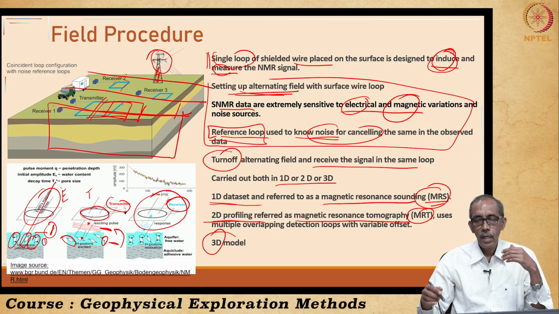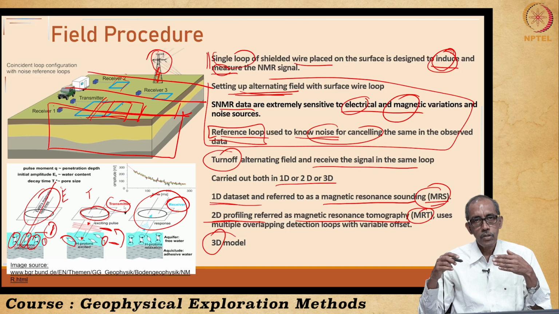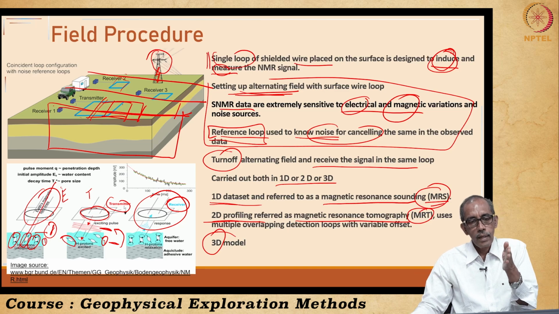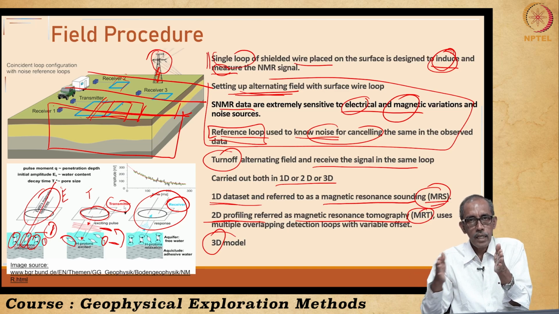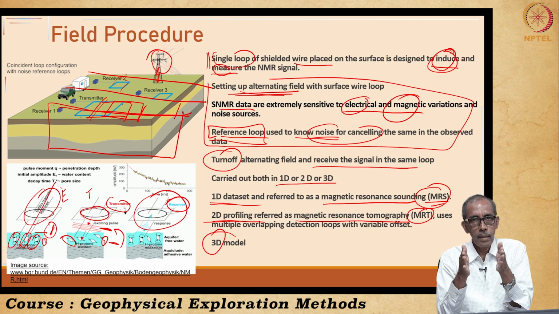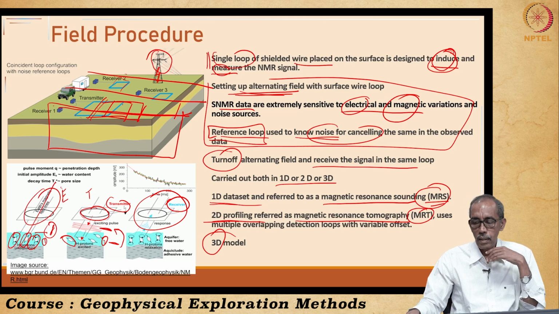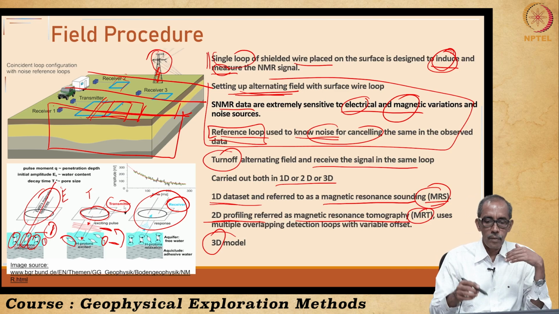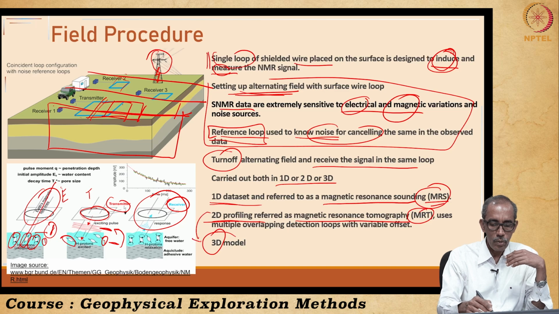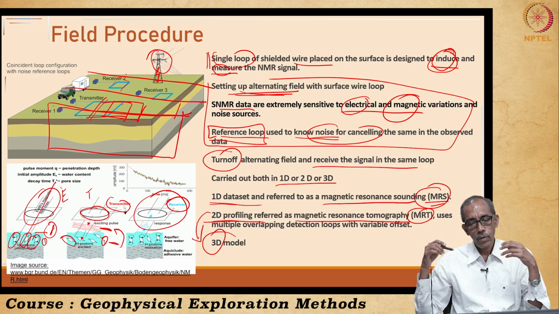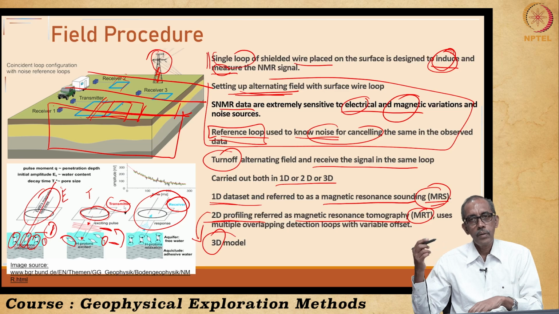Since we have magnetic resonance tomograms at different sections, we can interpret the formation between the two. Hence, this method can be made to go from 2D to 3D also, right. So, we will be able to arrive at the 3D subsurface model using the NMR technique, right.